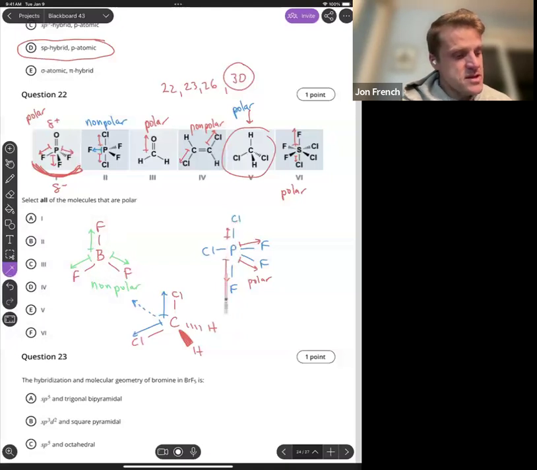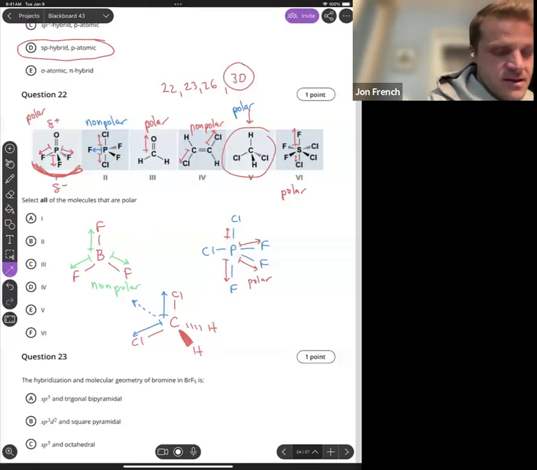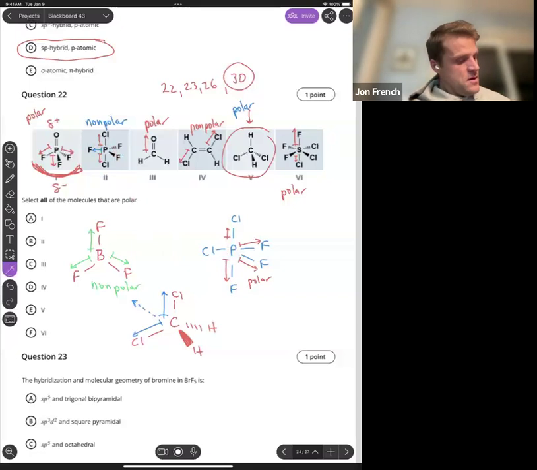This is a small force. This is a much bigger force. Fluorine wins in this case, whereas here, chlorine to chlorine is a tie. Fluorine to fluorine, tie. Here, we don't have that symmetry. So we're creating imbalance in those vectors.